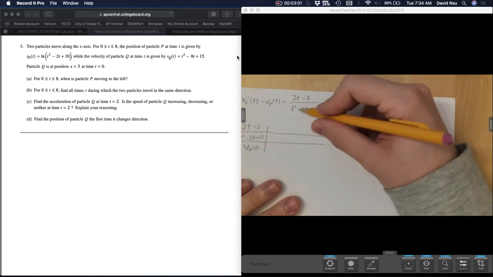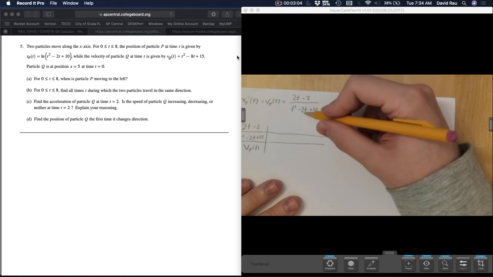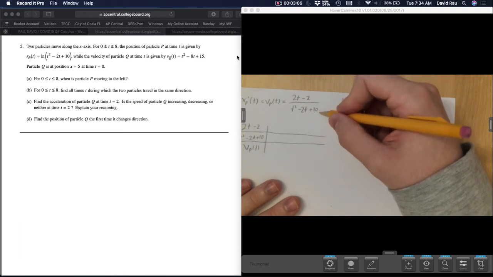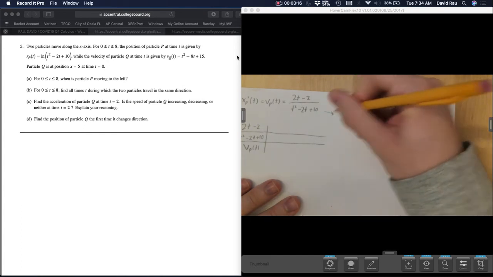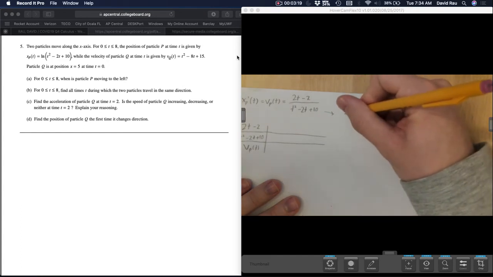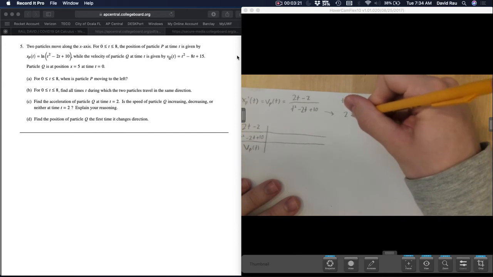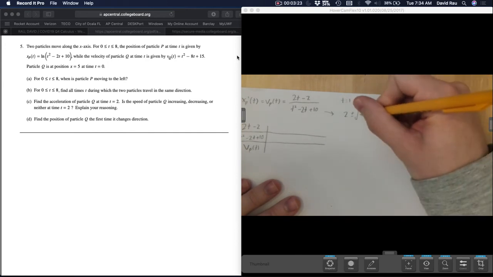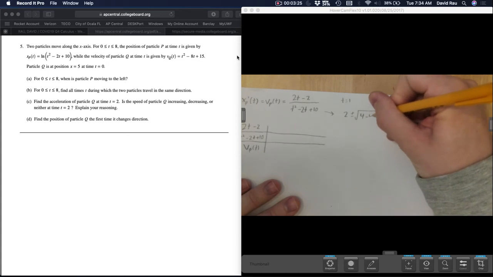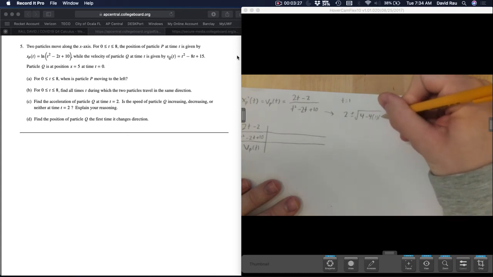Now this quadratic, t squared minus 2t plus 10, I don't think this factors. It doesn't. The question is whether its roots are real or imaginary. I've got to actually do the quadratic formula, which is negative b plus or minus the square root of b squared minus 4ac.